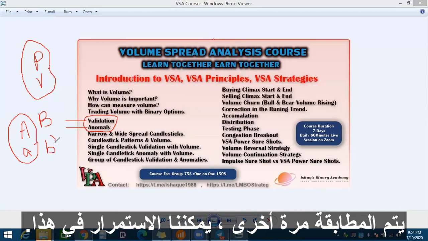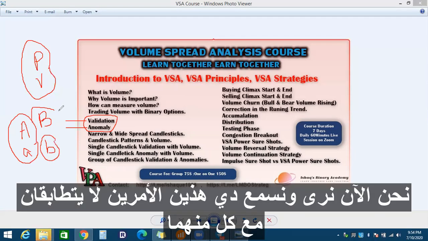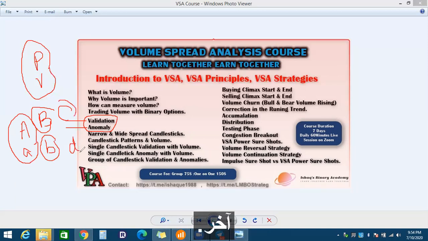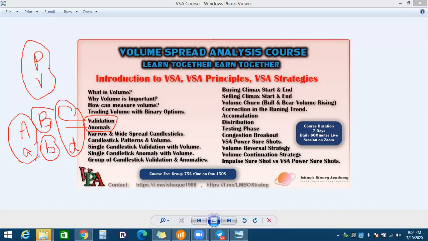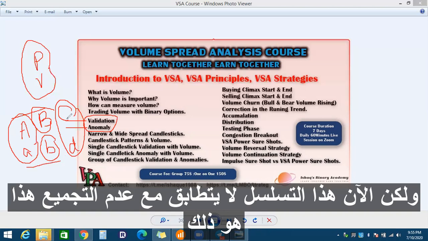It's matching, so again we can continue to C. Now C and here D, these two are not matching to each other. Before, the sequence was matching, but now it is not. When not matching, that is anomaly. When matching, that is validation.